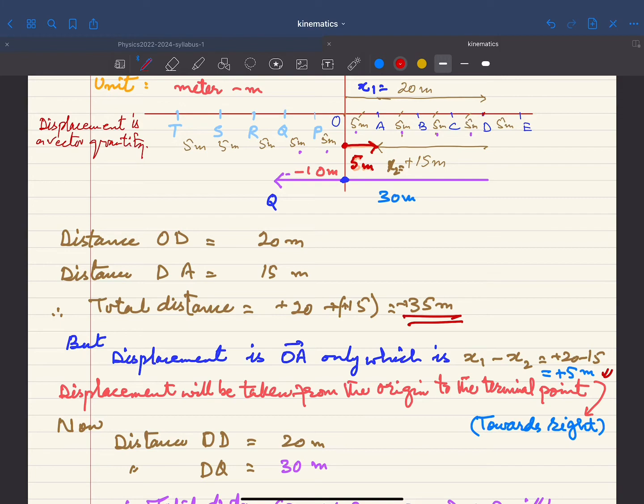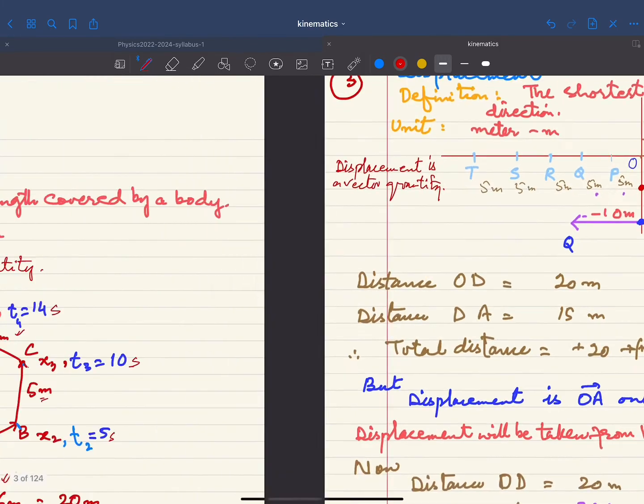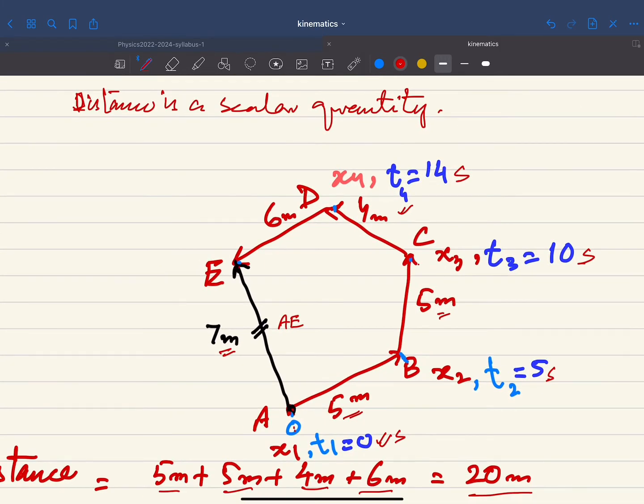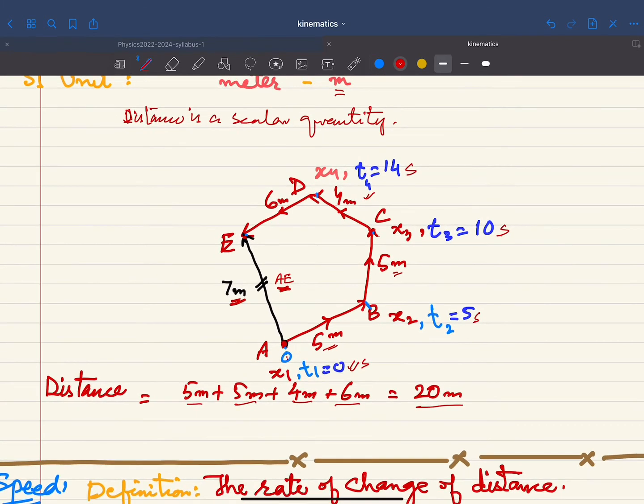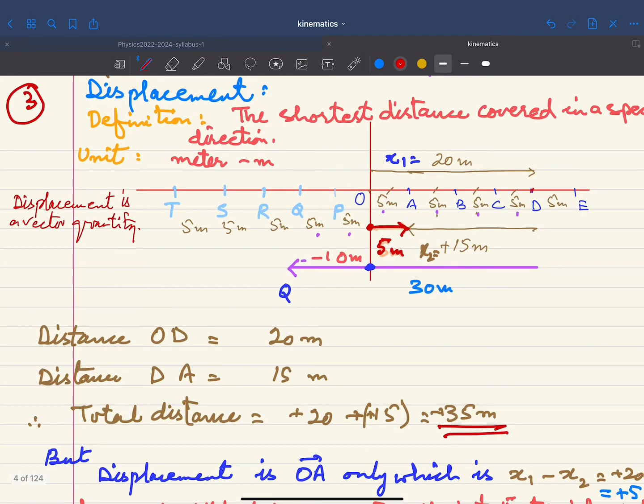So this will be the displacement, as we have taken in the previous example, where we are going in all these directions and distances are being covered, but ultimately your destination is from A to E. So you have this ultimate displacement which is in a specific direction, and of course the value will be the shortest distance between 2 points, yani A and E. Similarly here you have the shortest distance which is from O to A.